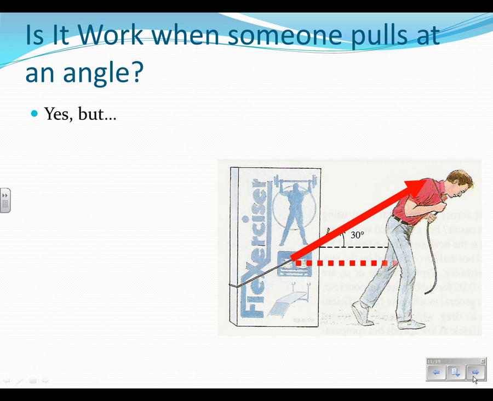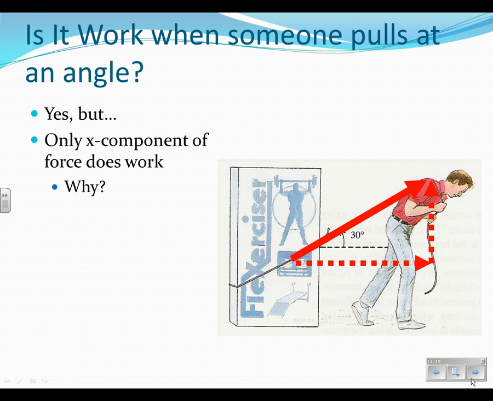We know that this force has components, right? Which component's going to do the work in this case? Only the horizontal component, because it's parallel to the direction of movement. So only forces or components of forces that result in a change in the energy do work. If this object moves horizontally, only the horizontal component will do work.